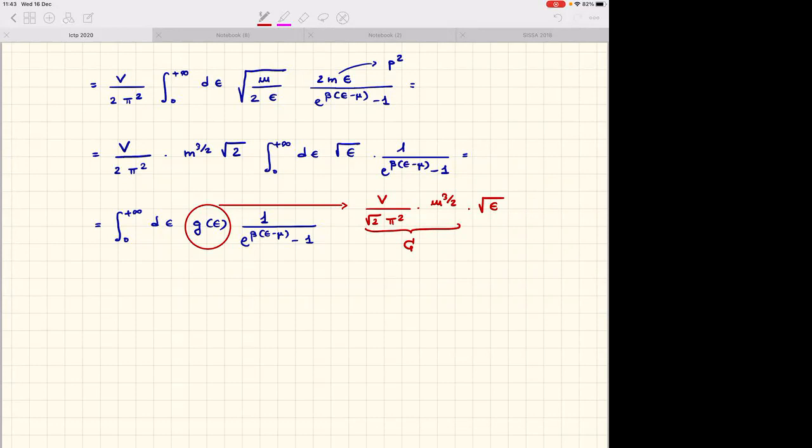Now, why is this important? Because now you have this equation. Let me rewrite it here. N equal to integral between 0 and plus infinity d epsilon g of epsilon 1 over e to the beta epsilon minus mu minus 1.